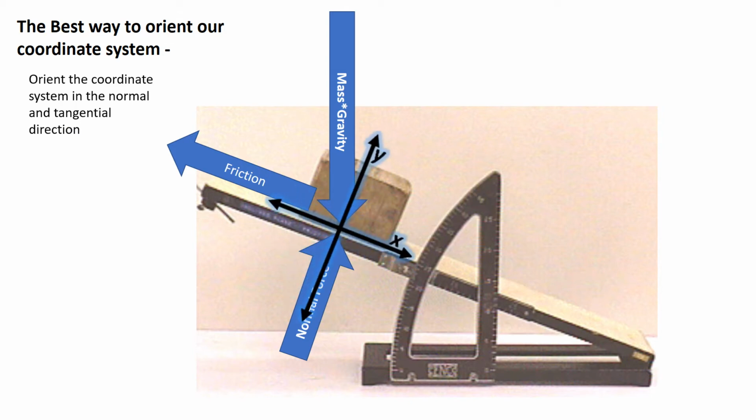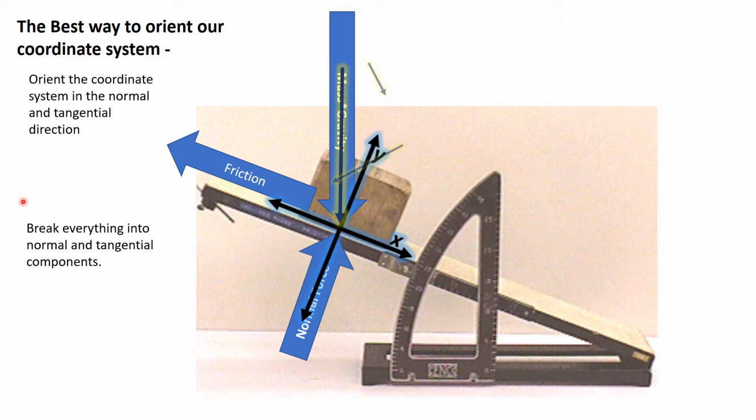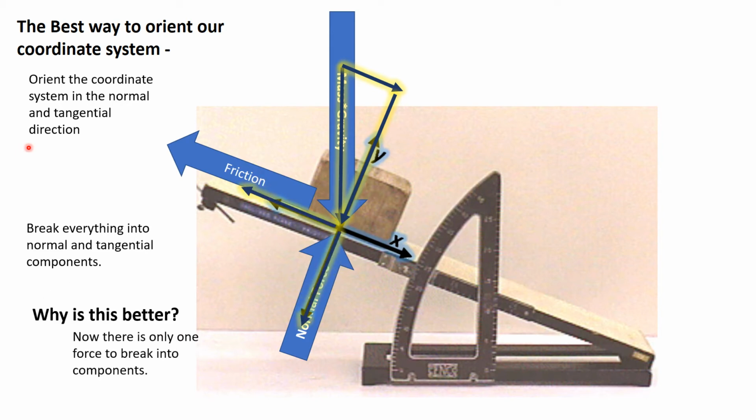What if we orient the coordinate system in the normal and tangential direction instead? Is this better? Okay, so here we are. We only have one force to break into components this time around. Friction is all the way in the x direction. Normal force is all the way in the y direction. So orienting the coordinate like this is better.